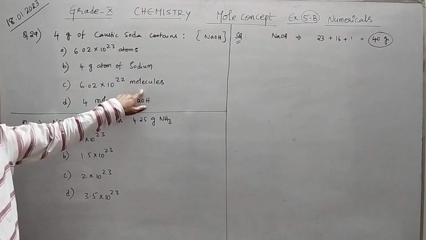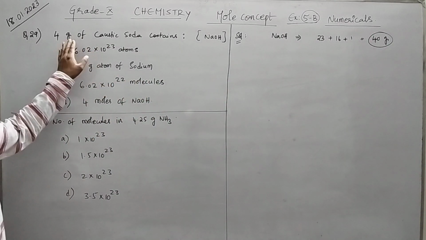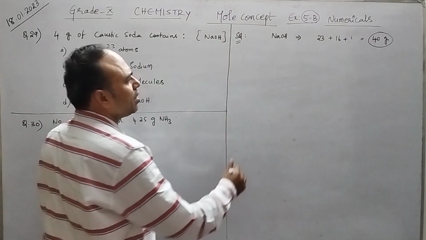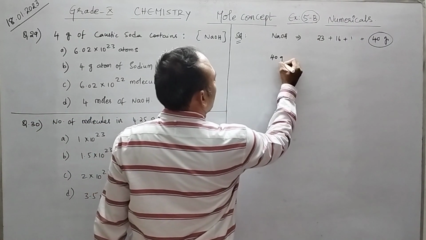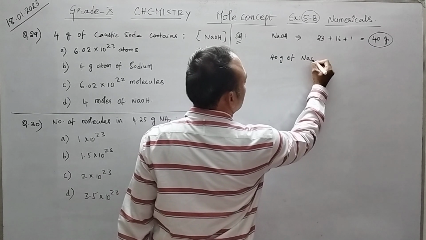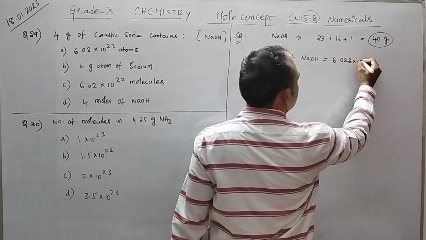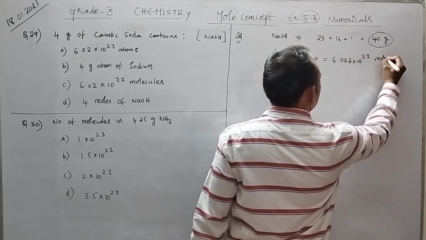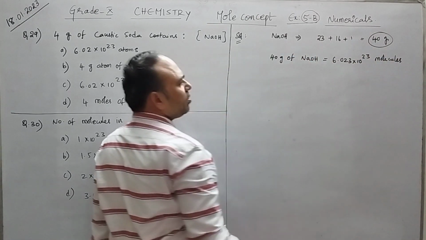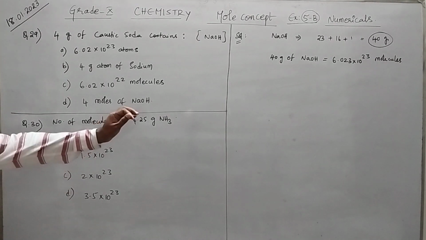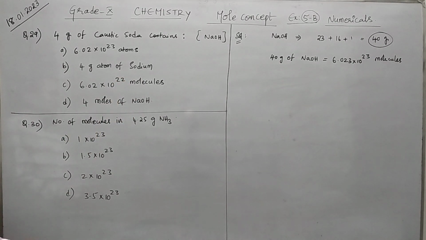Here they have given molecules, here it is gram atom. So let us find out first molecules. We know that 40 grams of NaOH has 6.023 into 10 to the power of 23 molecules of NaOH. We don't want to calculate atoms. First let us calculate molecules.